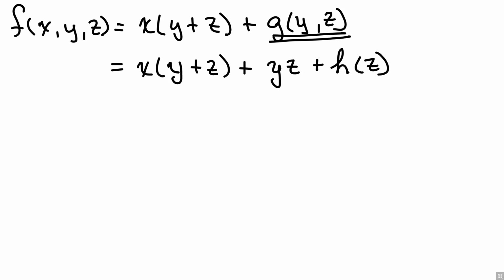So now what I'm going to do is take the partial of f with respect to z. If I do that, what's the partial of this first component with respect to z? It's just x. Plus, what's the partial of the second with respect to z?